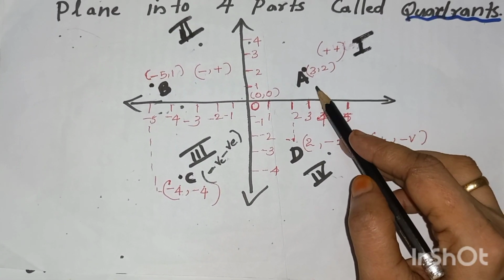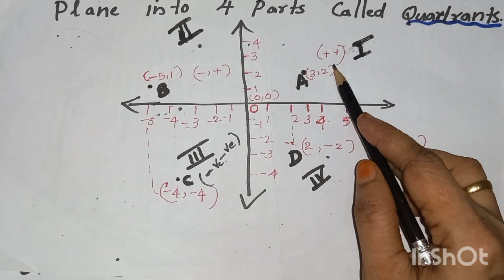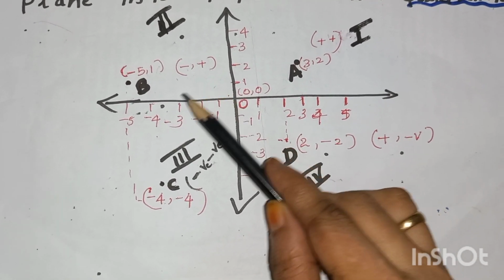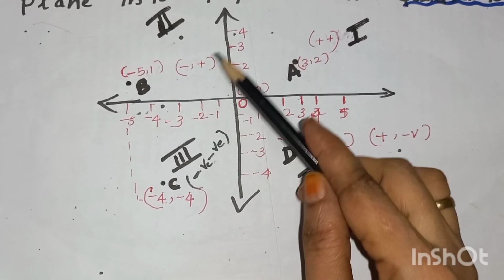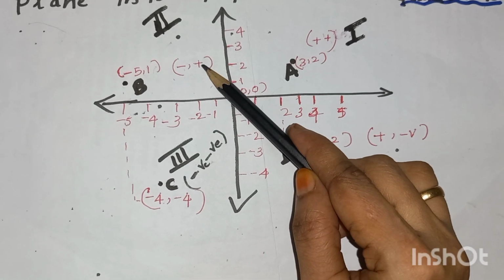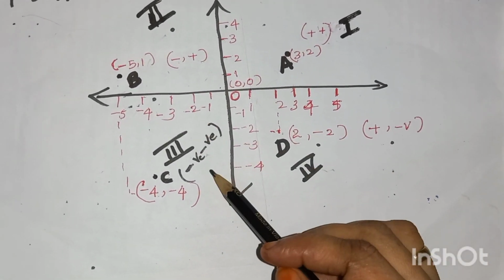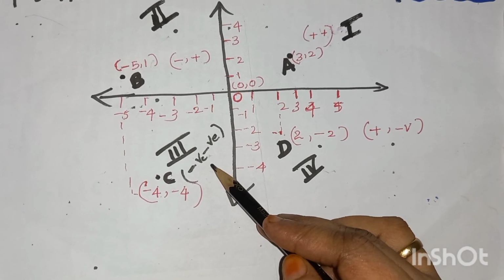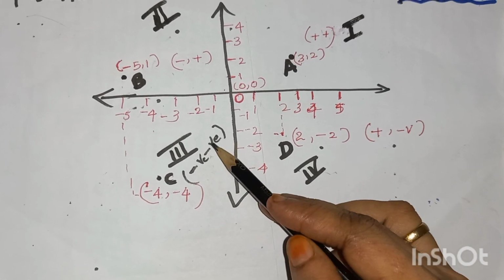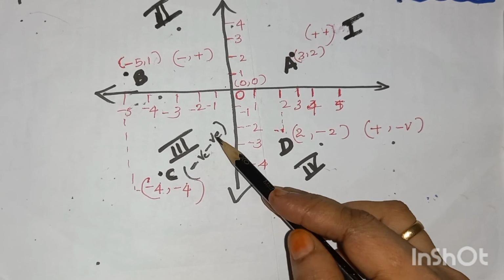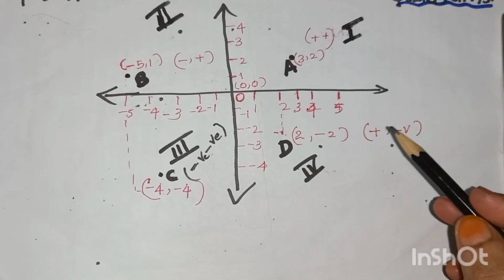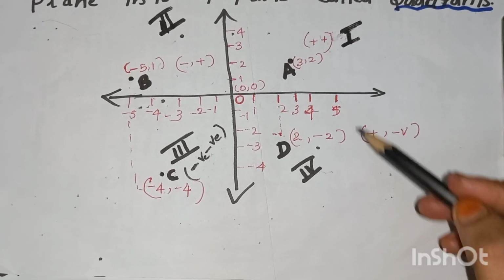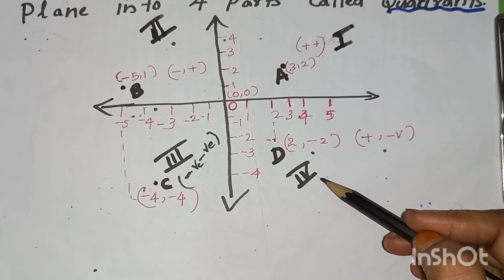In the second quadrant x is negative and y is positive. In the third quadrant both x and y are negative. And in the fourth quadrant x is positive and y is negative.